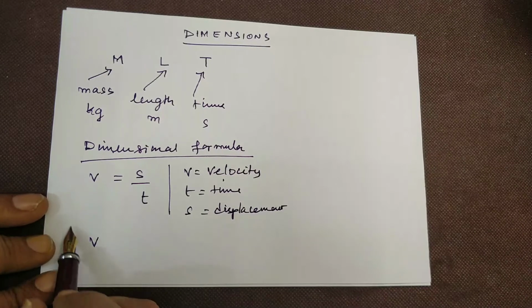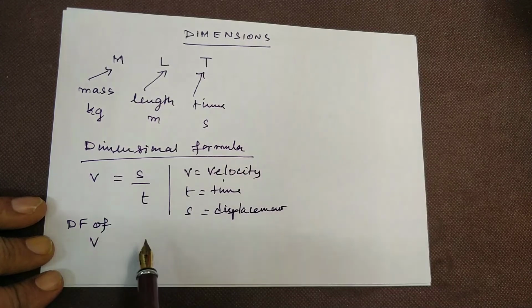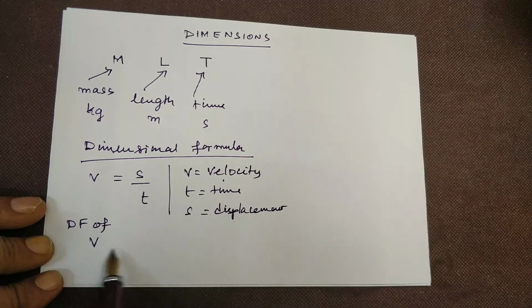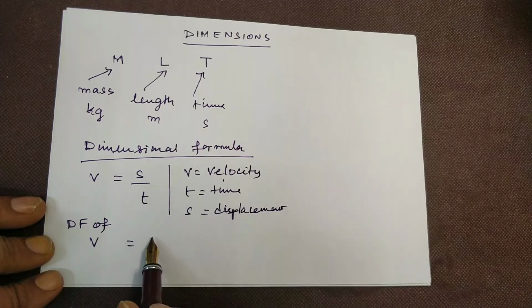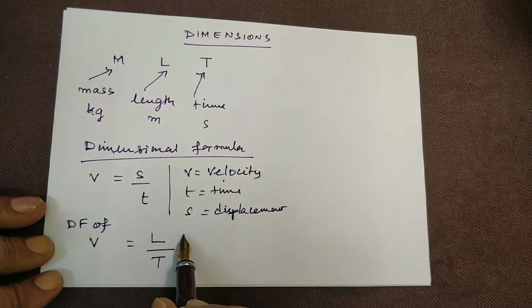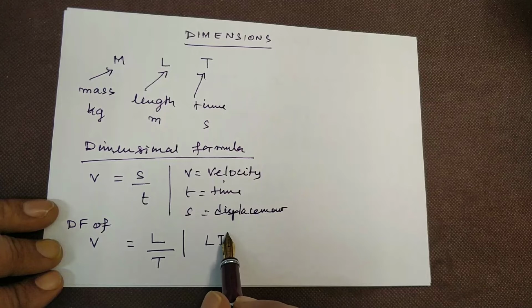So the dimensional formula, df, of velocity is equal to displacement. Usually it is given in length, meter means length, divided by time T. So it is given as L T power minus 1.